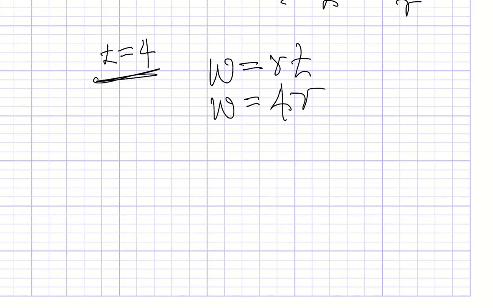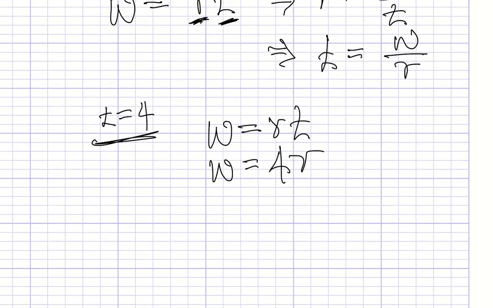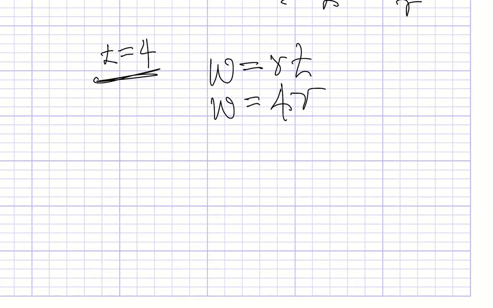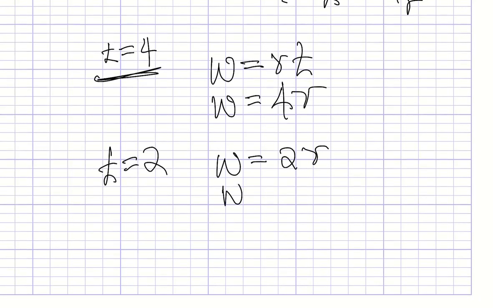In 2 hours, when T is equal to 2 hours, the amount of work you did is 2 times the rate, right? So that would be W, the rate.